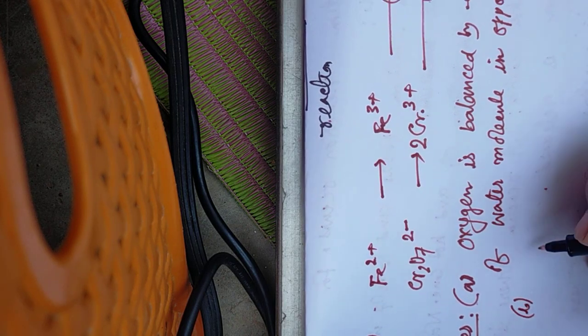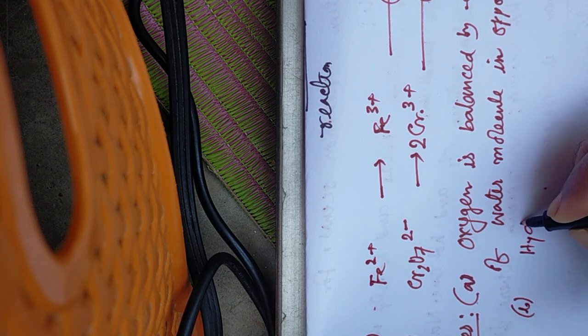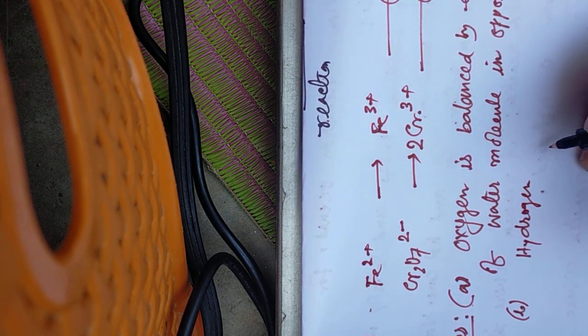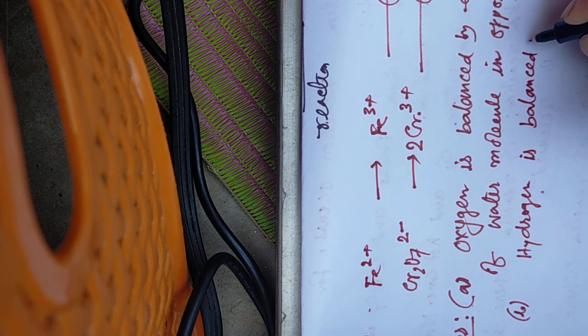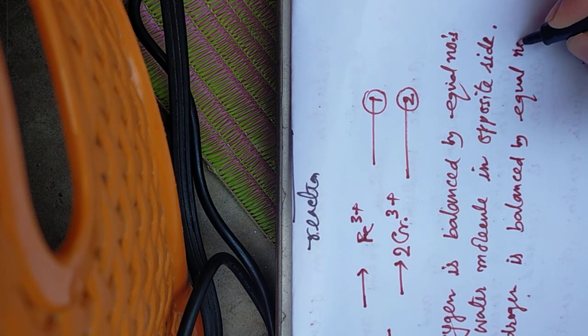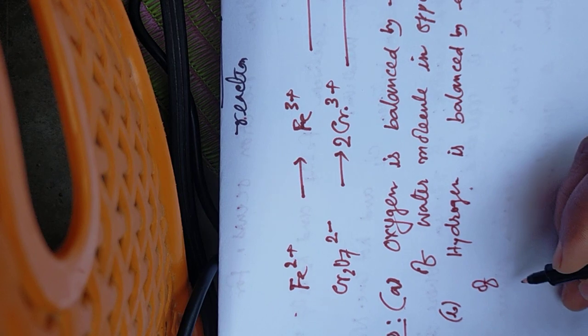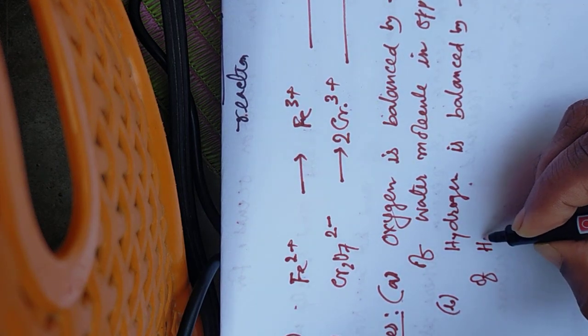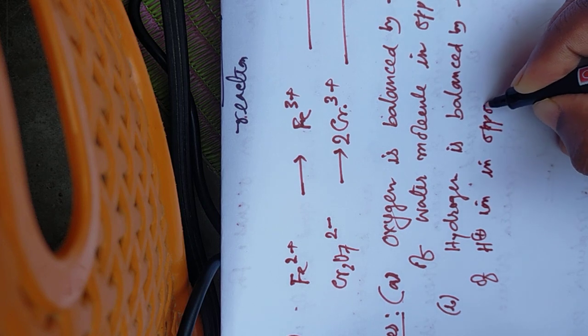Rule B: hydrogen is balanced by an equal number of H+ ions on the opposite side.